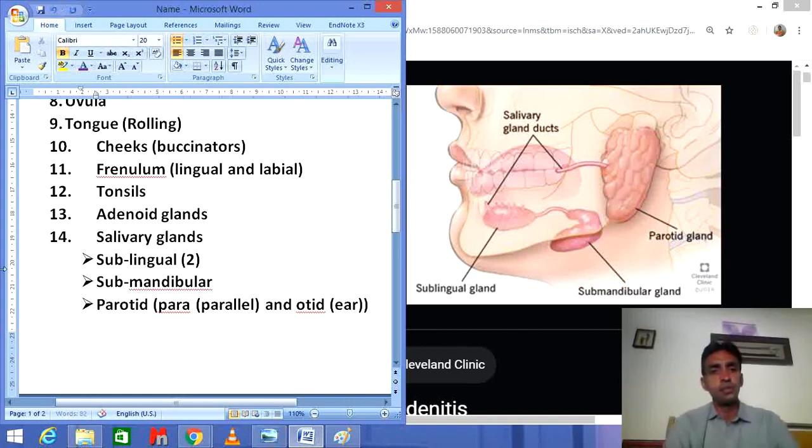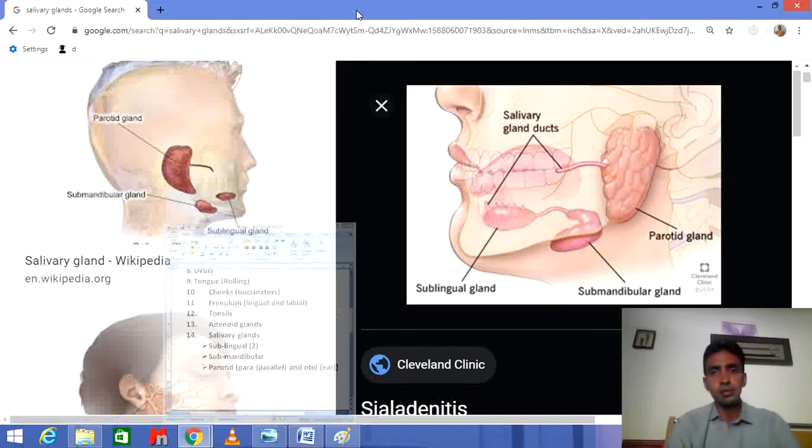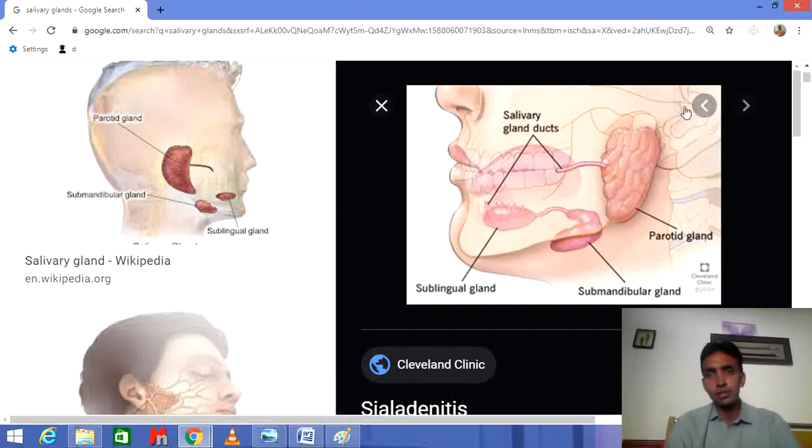So para means adjacent or parallel, and the gland present adjacent to the ear is called parotid. This is the ear, and this is the parotid. This has the largest capacity, this has the least capacity, and this has the intermediate capacity of the production of saliva.